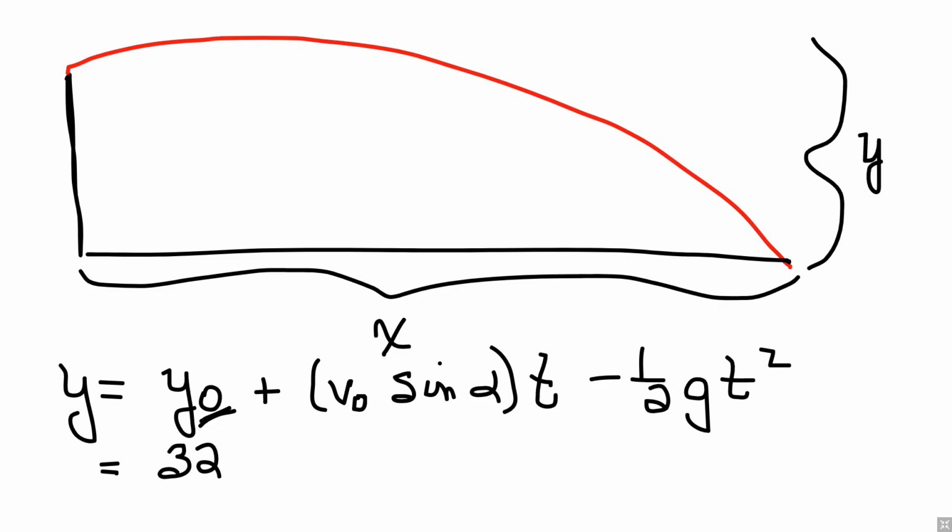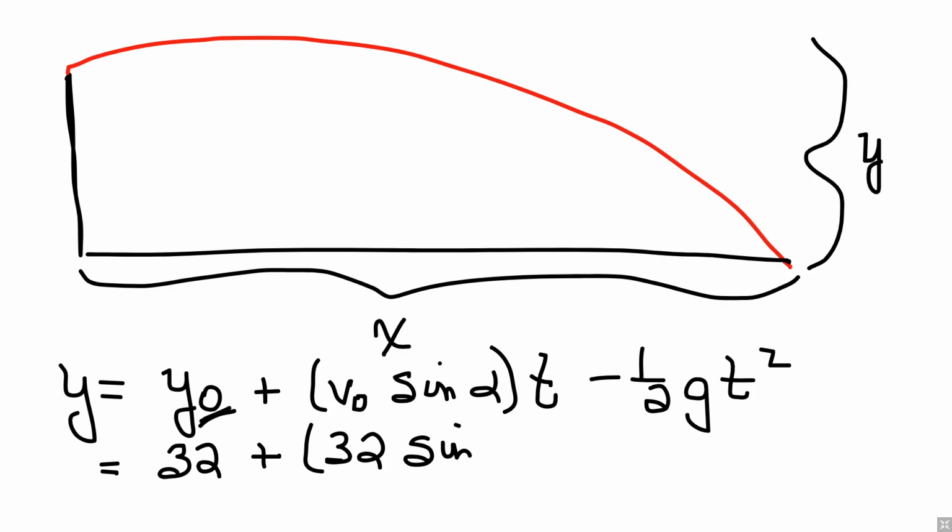Plus, all right. Now, in this problem, they tell us the initial speed. What is the initial speed? It's 32 feet per second. So in place of v sub 0, we're going to put in 32. Give us a sine of alpha. Did they tell us what the angle is?